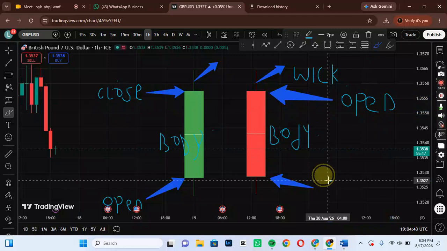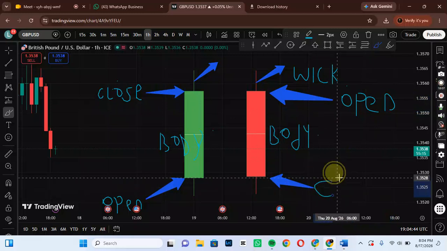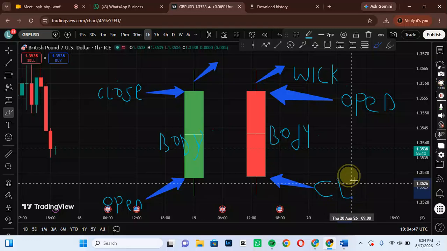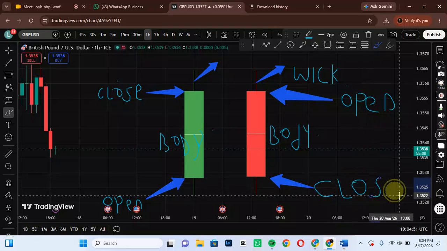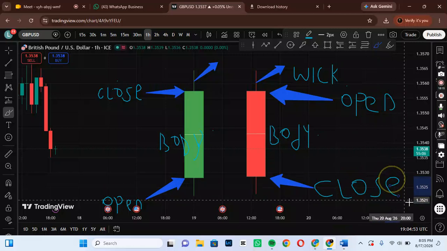Our close here. It's just an inverse of each other.